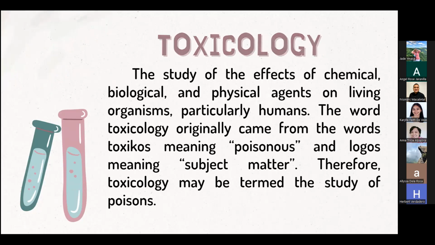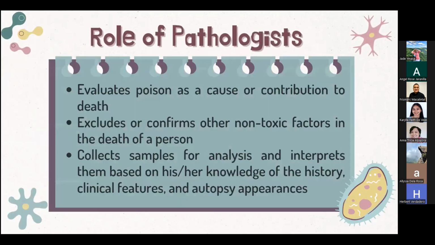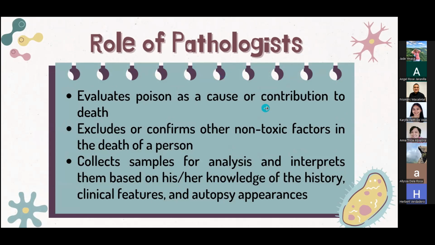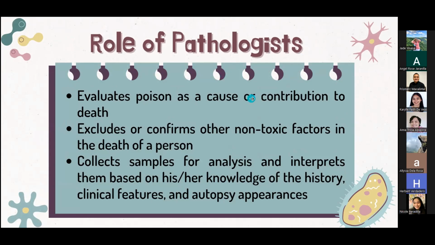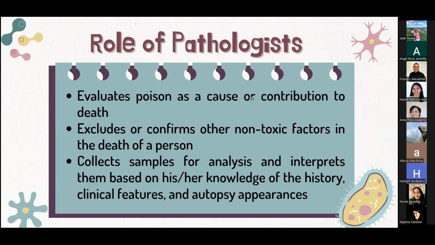Next slide, please. So in the field of toxicology, the main role of the pathologist is first to evaluate the poison as a cause or contribution to death. Second is their role is to exclude or confirm other non-toxic factors in the death of a person.